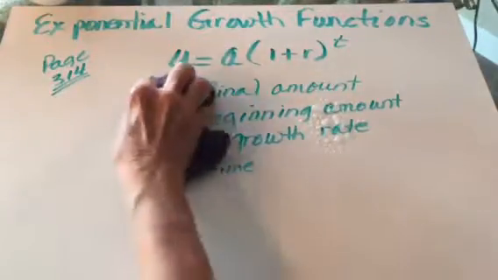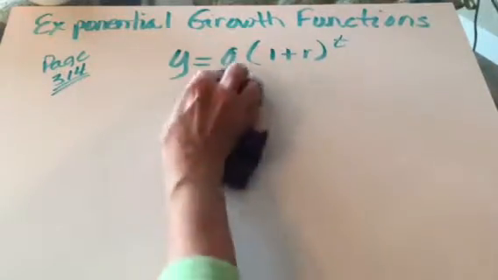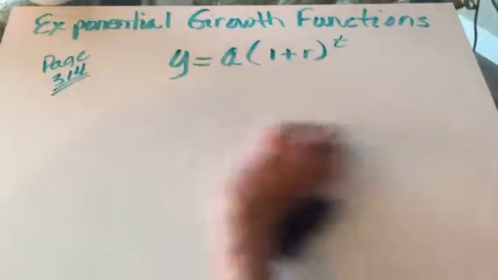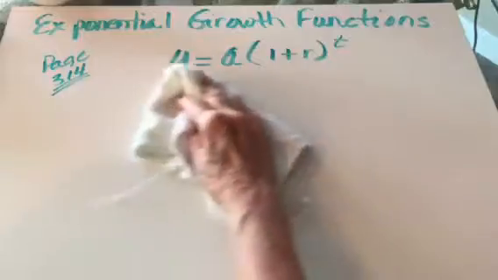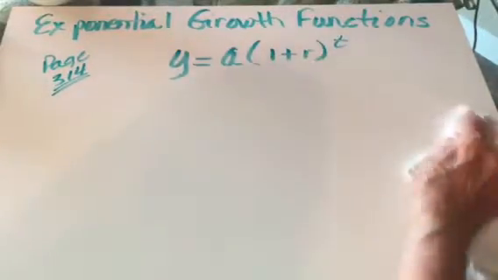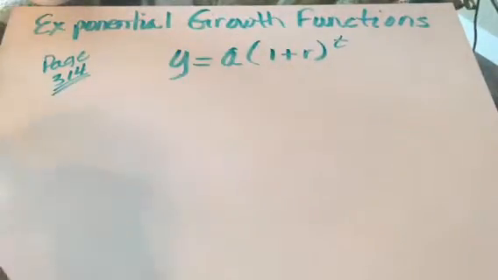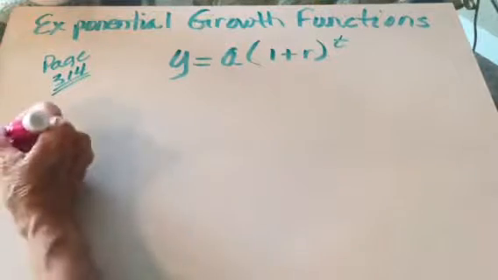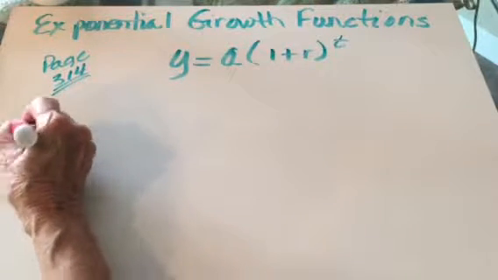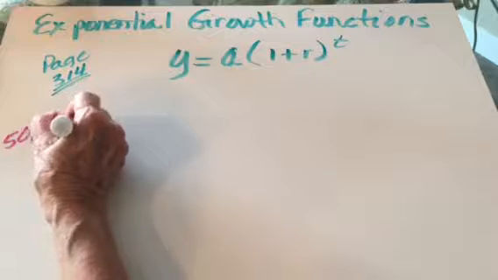All right, so on page 314, you have a problem. It's talking about a music festival, and they have this music festival every year. On the first year, 150,000 people came to the event.